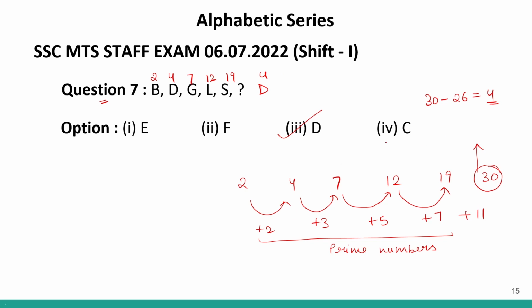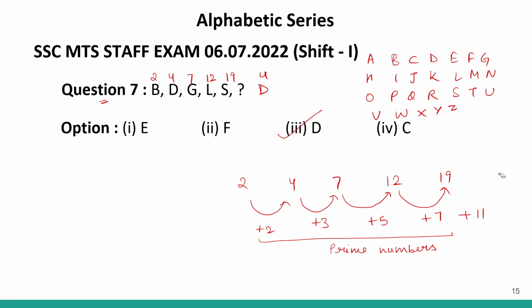If this is confusing for you, let me write the letters. A, B, C, D, E, F, G, H, I, J, K, L, M, N, O, P, Q, R, S, T, U, V, W, X, Y and Z. Now I have to go 11 positions forward from the 19th. 19th is S. So 11 positions forward: 1, 2, 3, 4, 5, 6, 7, 8, 9, 10, 11.